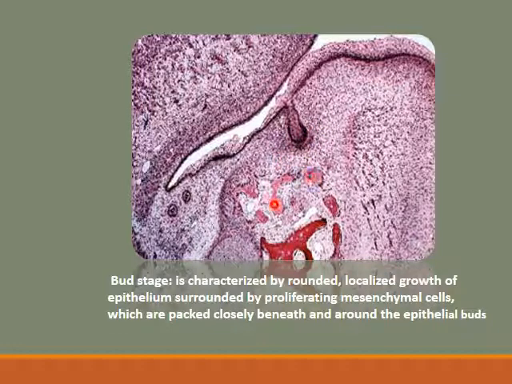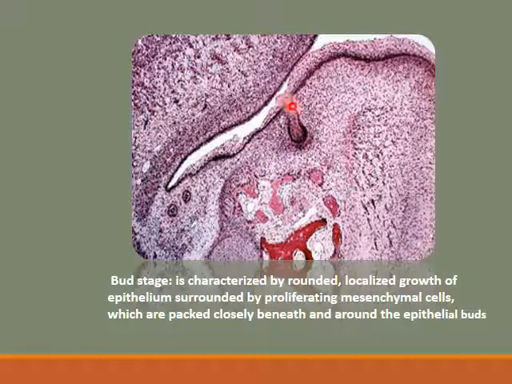This represents the future bone of the mandible. This is Meckel's cartilage, present only in the mandible and surrounded by bone. This is the future bone trabeculae, which form the future mandible, and this is the tongue.